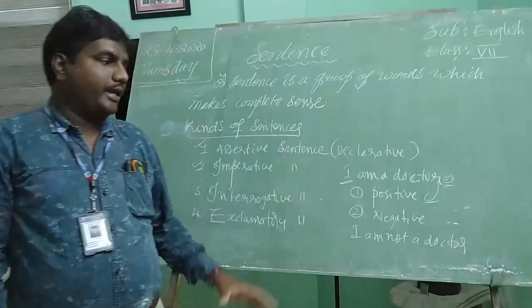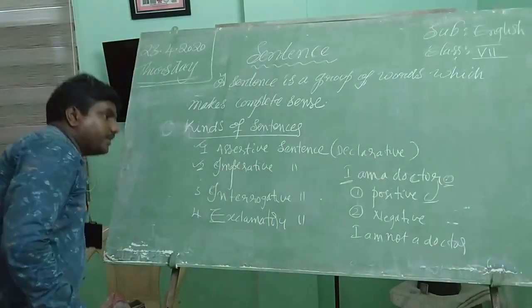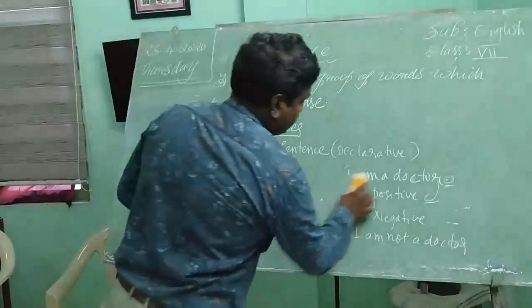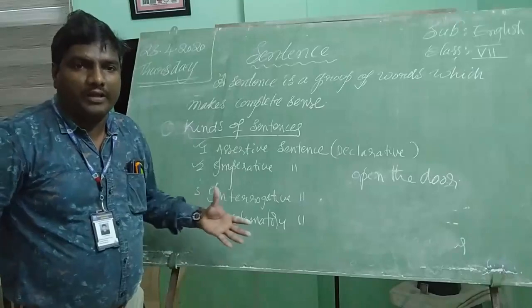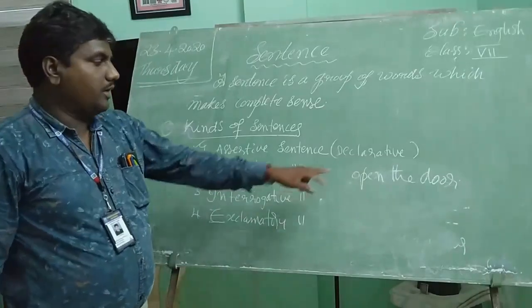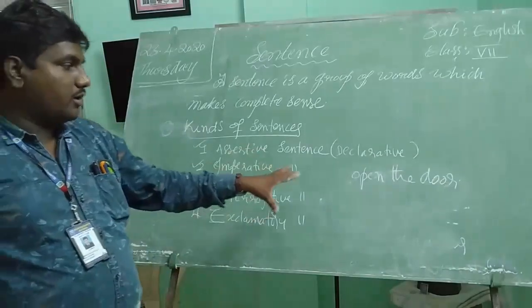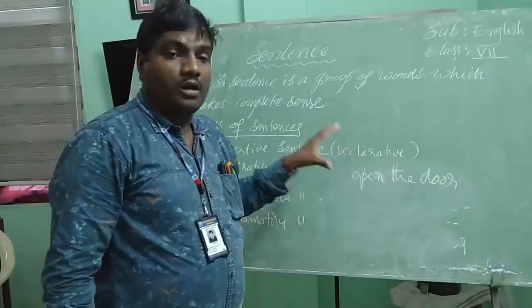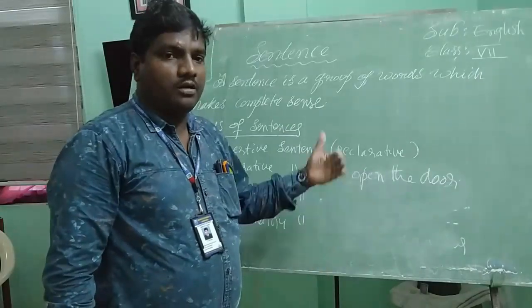What are the examples of imperative sentence? For example, open the door. That is what? Command or order. Open the door. That is an example of a command or order.